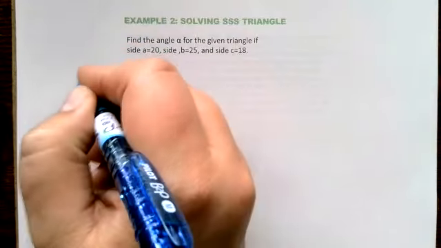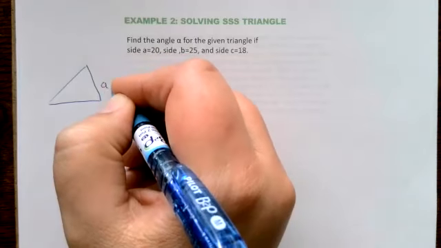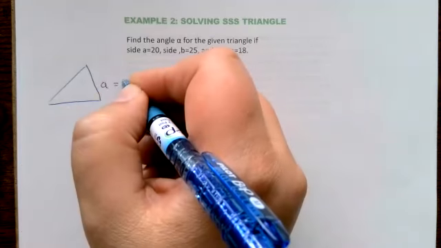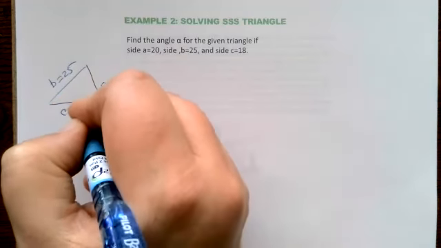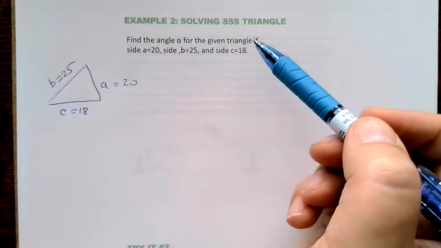So here we have a triangle with sides 20, 25, and 18. It says, find the angle alpha.